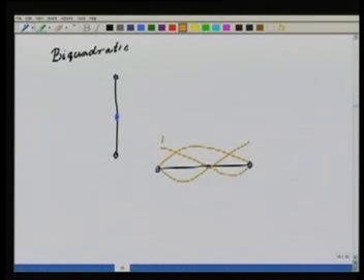This becomes n1 psi, this becomes n2 psi, this becomes n3 psi.